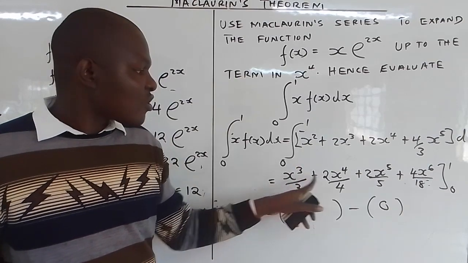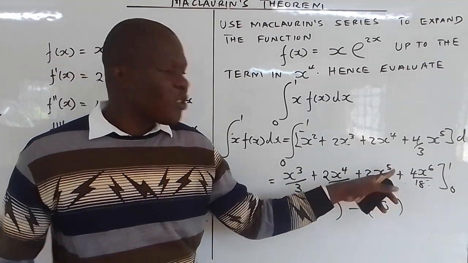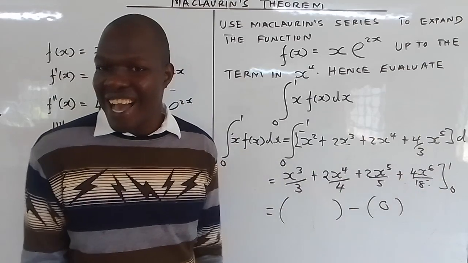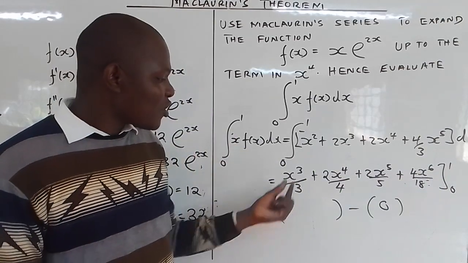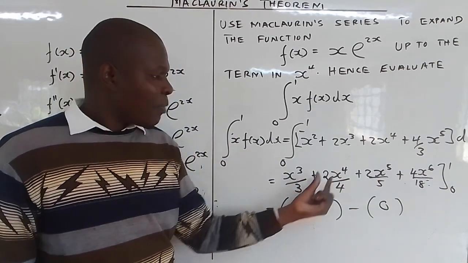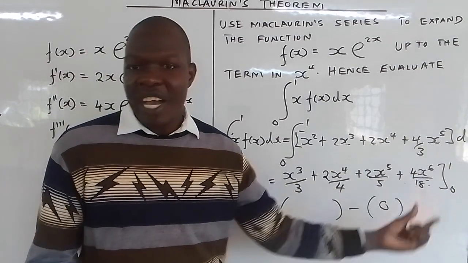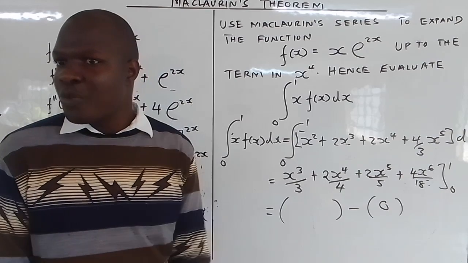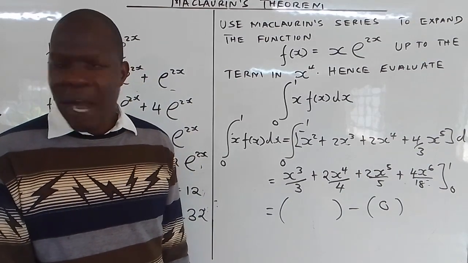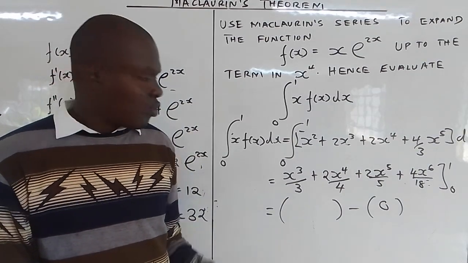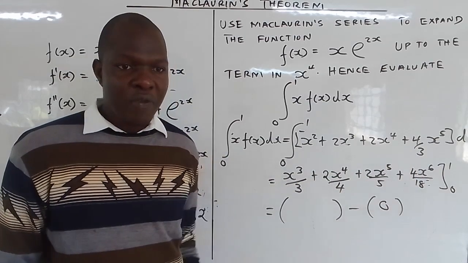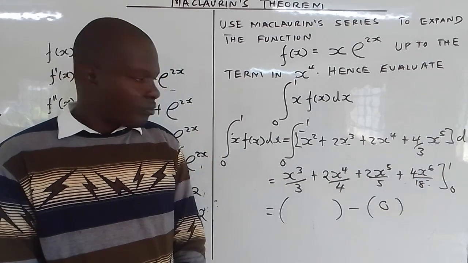Meaning 1 cubed is just 1, 1 raised to power 4 is just 1, 1 raised to power 5 is just 1, 1 raised to power 6 is just 1. So what are you doing here? You simply have 1 over 3 plus 2 over 4 plus 2 over 5 plus 4 by 18, isn't it? Because 1 raised to power anything is just 1. Are we together? So what do you get if you evaluate that upper limit?